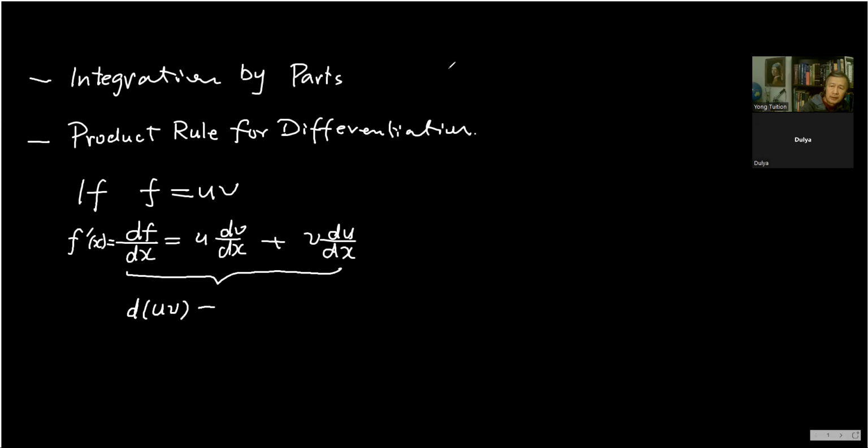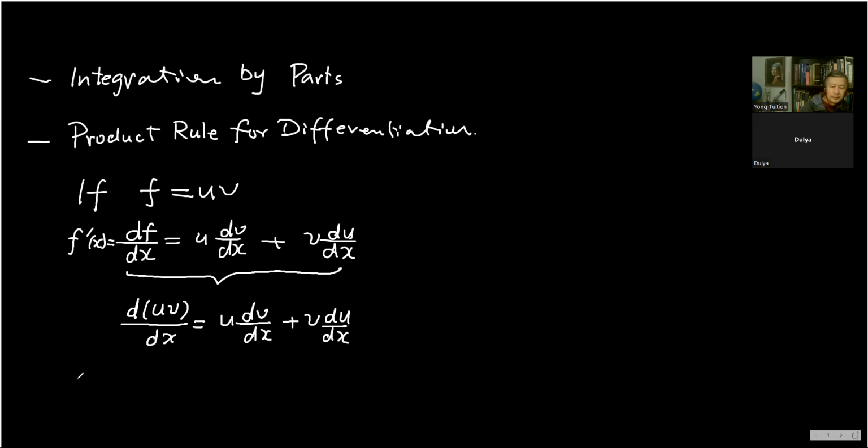We still use dx here. We just rewrite df as the product, and here we still copy that. The left-hand side and the right-hand side are the same, plus v du dx.